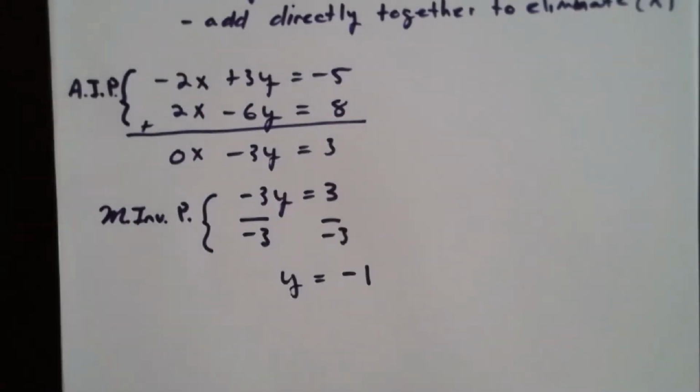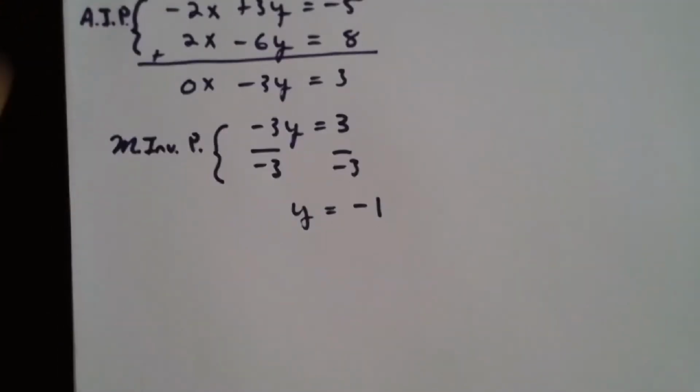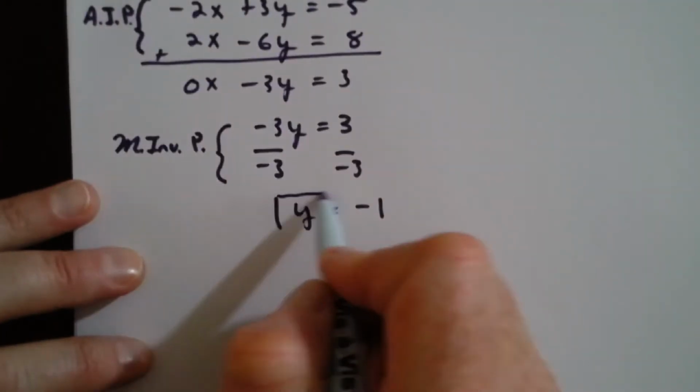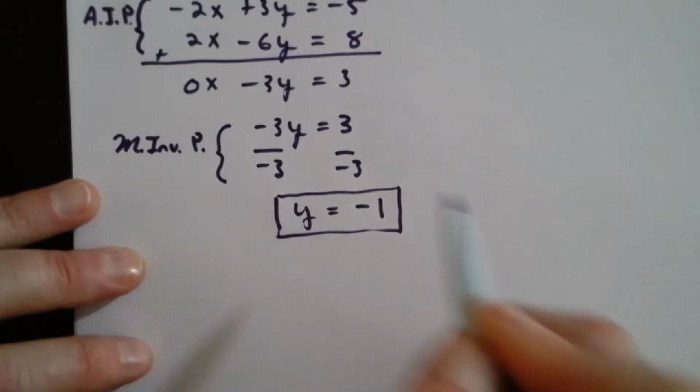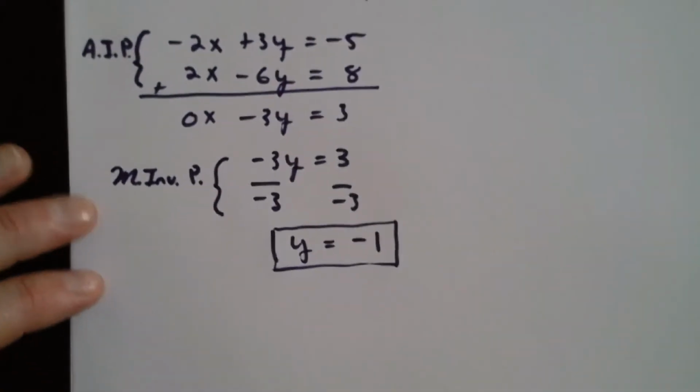Of course, that's the additive identity property that allows you to eliminate a variable. So we have y is equal to -1. What do we need to do now? Find x.